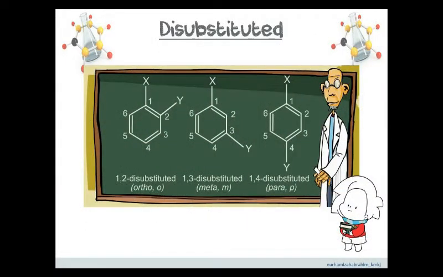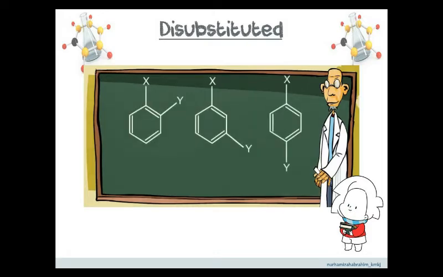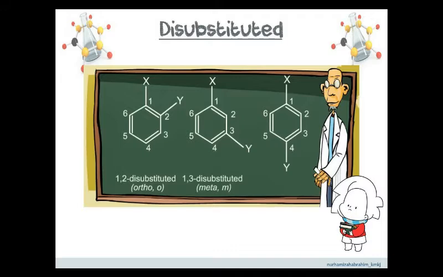Now, let's take a look at benzene with two substituents, and how to name them. Since there are 6 carbon atoms in the benzene ring, disubstituted benzenes can form 3 different structural isomers. These compounds can be named either by giving the numbers of the carbon atoms to which the substituents are attached, or by using the ortho, meta, and para locators.